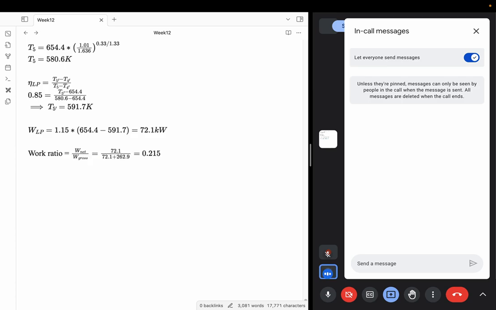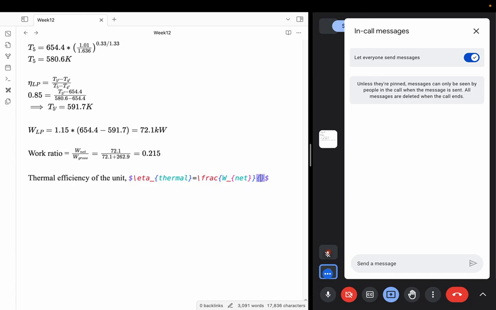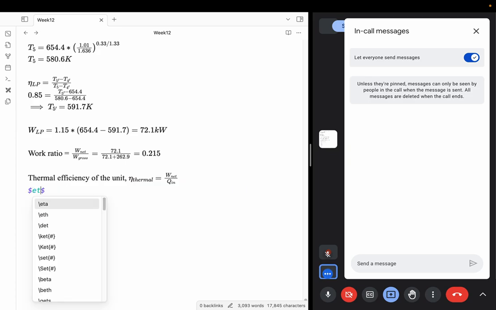And what is the thermal efficiency of the unit? How do we calculate thermal efficiency? Thermal efficiency is again whatever is your net work done divided by whatever is the net heat you supplied. So W net we know as 72.1. What is the net heat supplied?